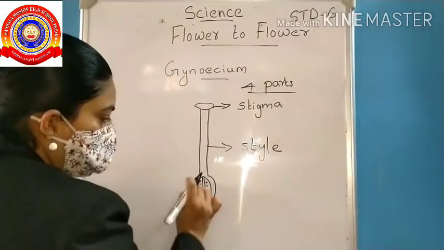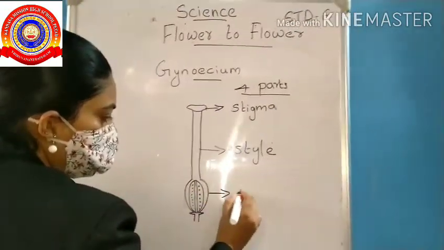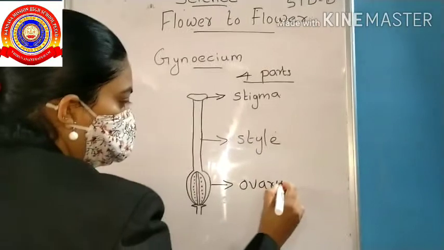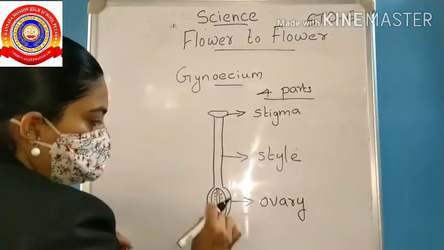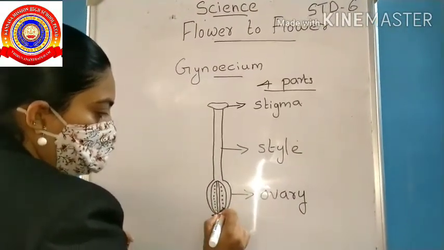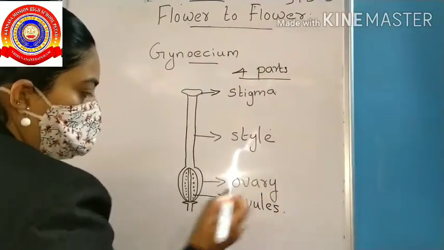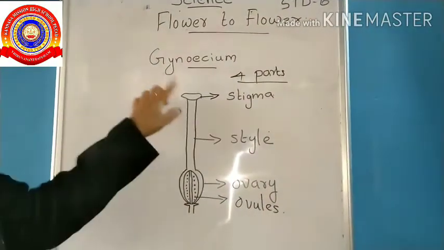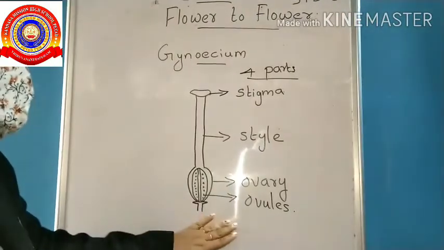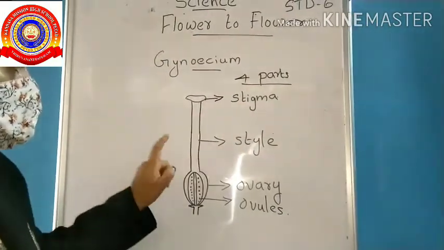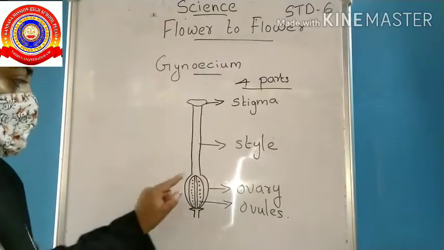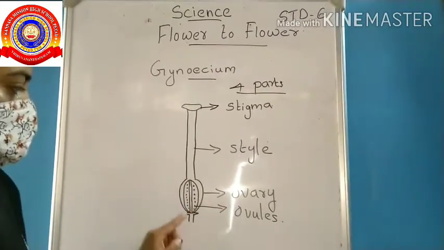Next, the lower part is known as ovary. And inside the ovary, there are small structures called ovules. So in gynoecium, there are 4 parts: stigma, style, ovary, and ovules.